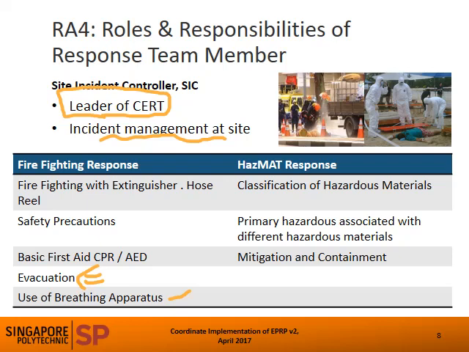For hazmat response, of course, they must be able to classify the hazardous material. Classify under what? They need to look at the SDS, the safety data sheet, and the primary hazards associated with different hazardous materials. All this information can be extracted from the SDS. So the hazmat response team members must be very familiar with it, and they need to do mitigation and containment of the chemicals.